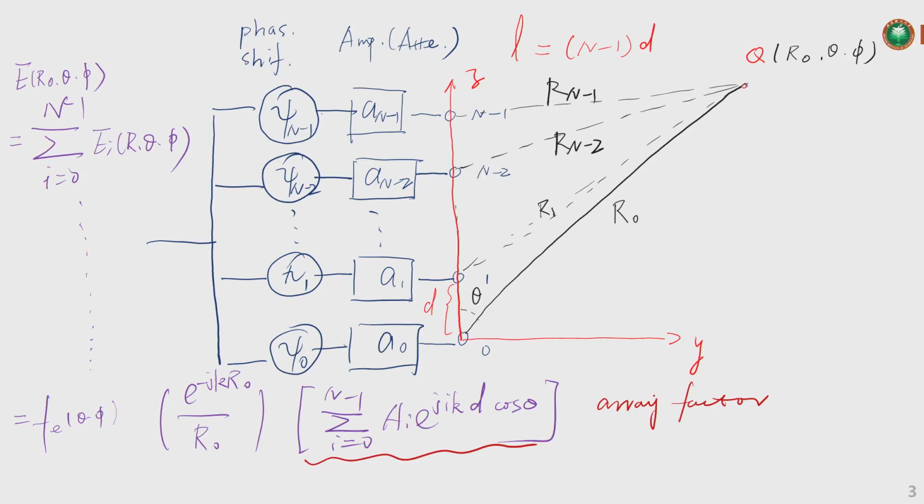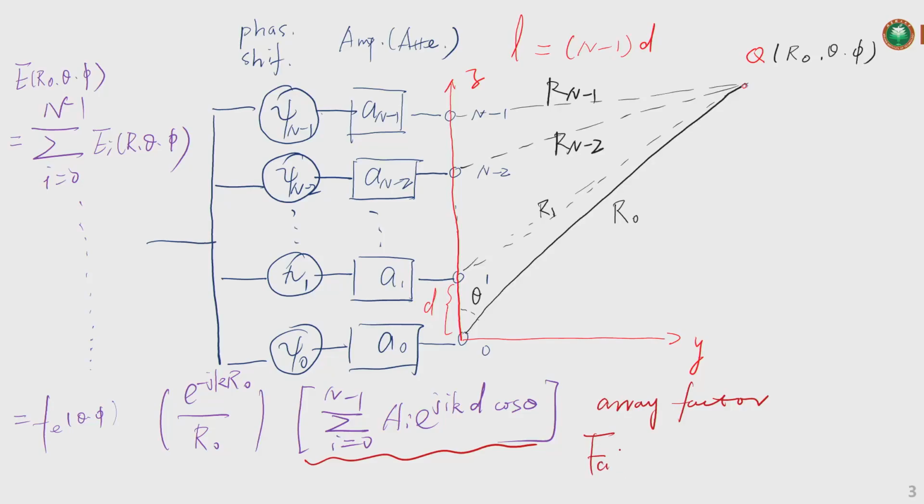And use the array factor, which is related to the power density. It is related only to theta because it is symmetric with respect to the azimuth angle, right? So the sum over i equals 0 to n-1 of a_i e^{jiψ}... e^{jikd cosθ}, squared, right?